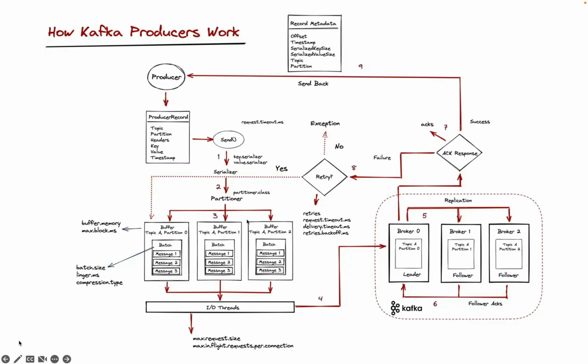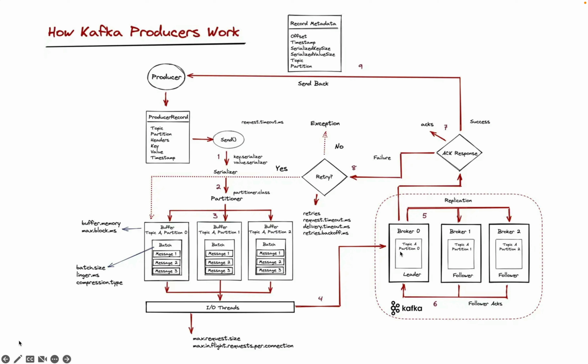So the splitting of partitions rather is determined by the partitioner, and this partitioner allocates your message to a particular buffer. After that, some IO threads that are running all the time will pick up these batches from multiple partitions, and it will send to the Kafka broker. Now, in between these IO threads and the broker, there is an internal protocol with network buffers. So there is an internal ACK at the network level so that we ensure that these messages are sent to the broker.